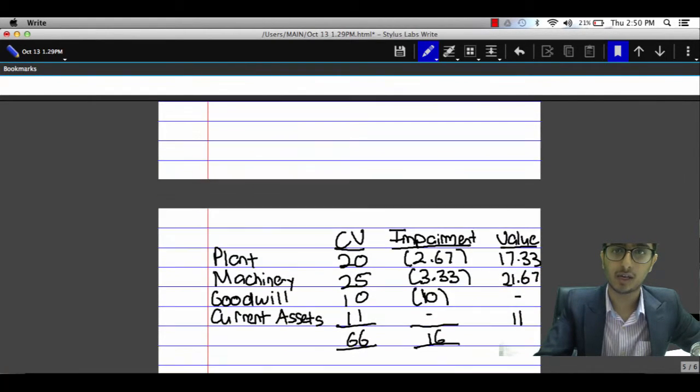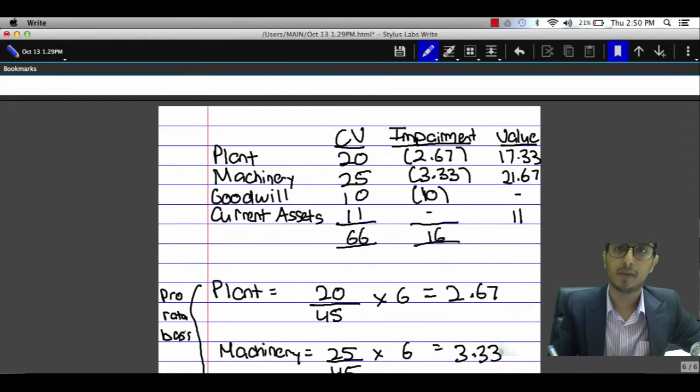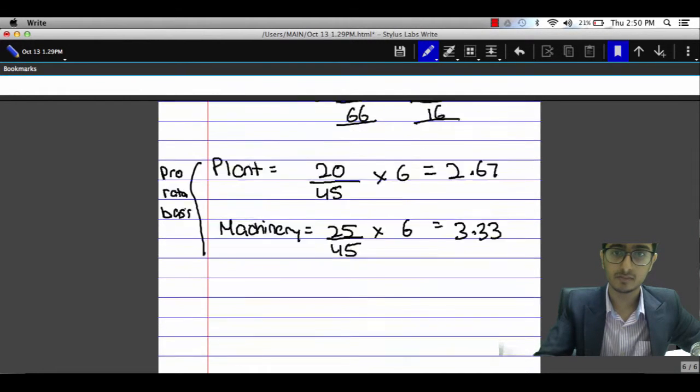Now, we will allocate the impairment loss based on the following order. First one is assets destroyed, sorry. Next one is goodwill, and the other one is the remaining assets on a pro rata basis. Remember, current assets will not be impaired. Okay?